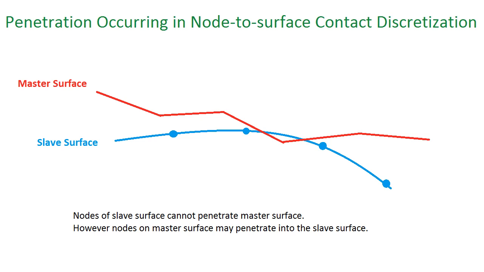Since node-to-surface discretization simply resists penetration of slave nodes into the master surface, forces tend to concentrate at these slave nodes, which leads to spikes and valleys in the distribution of pressure along the surfaces. Since surface-to-surface discretization resists penetrations in an average sense over regions of the slave surface, this has a smoothing effect.